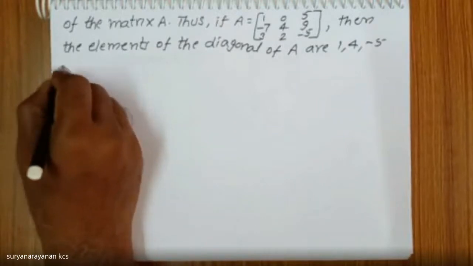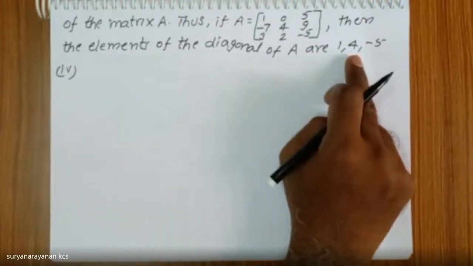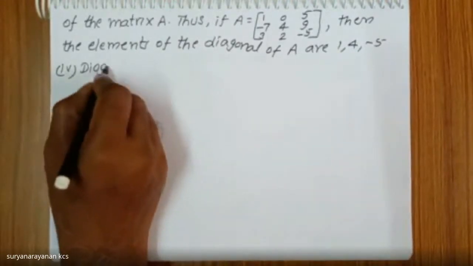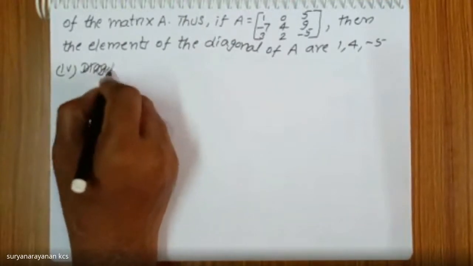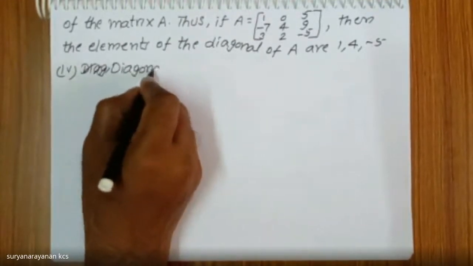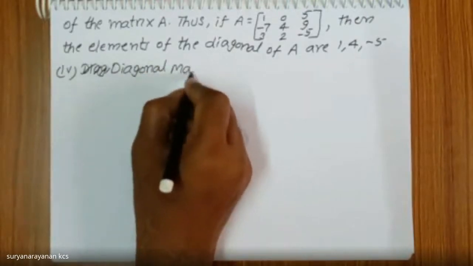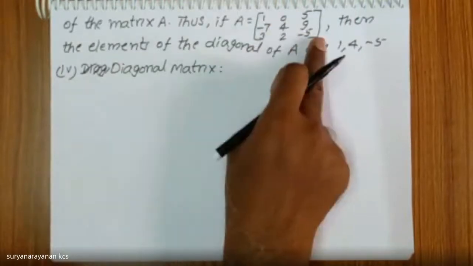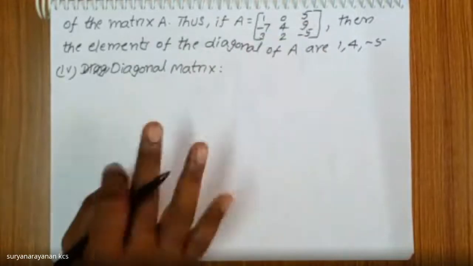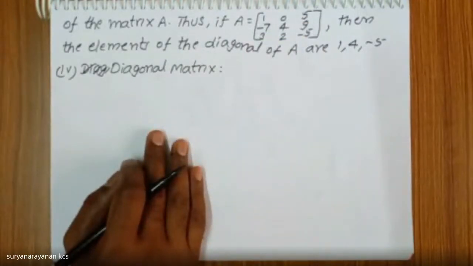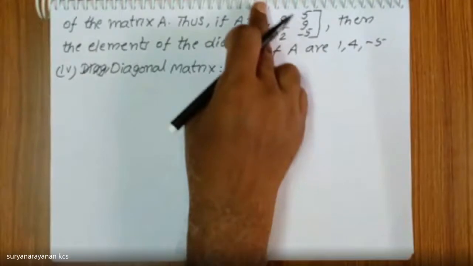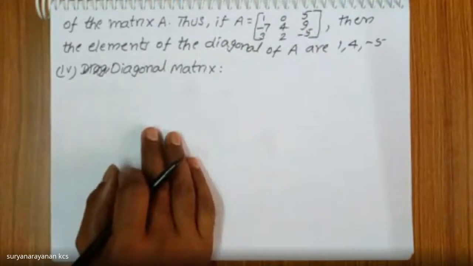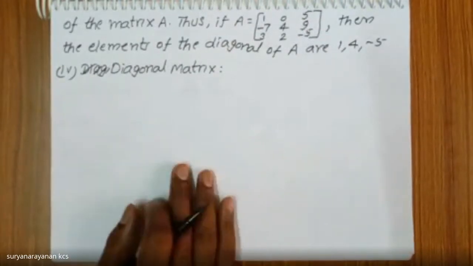Okay, my children. Next one, diagonal matrix. This was about the elements in the diagonal of a matrix. Now we define a diagonal matrix. What is meant by a diagonal matrix? Except in the diagonal, all the remaining elements are zero. Then it is said to be a diagonal matrix.